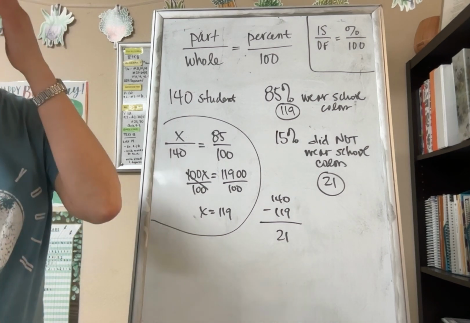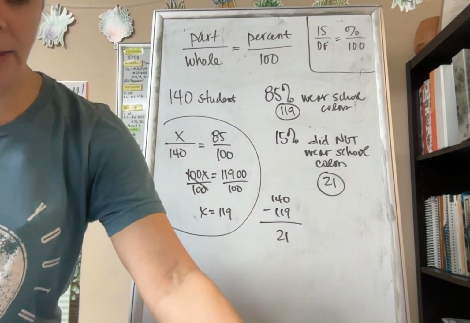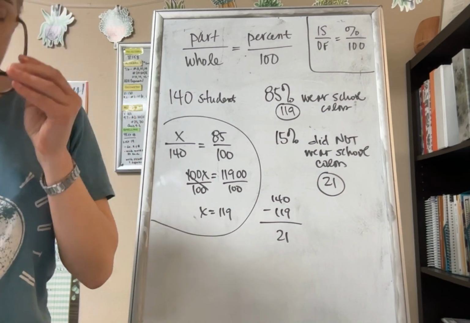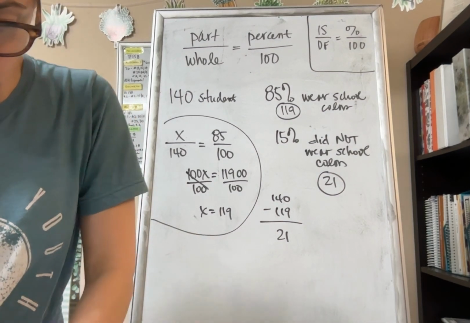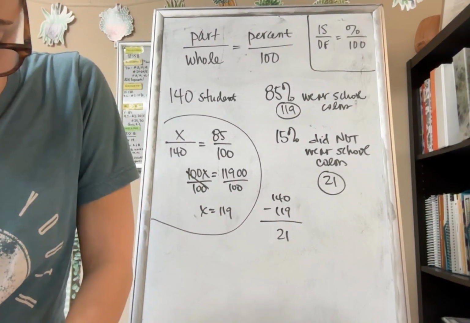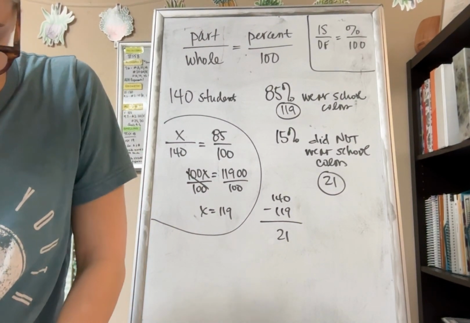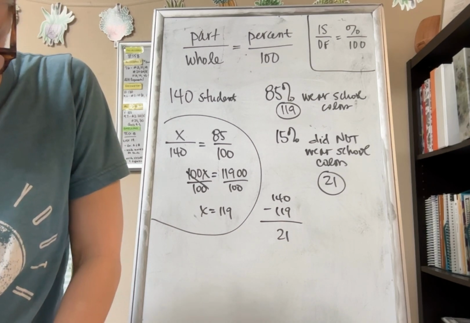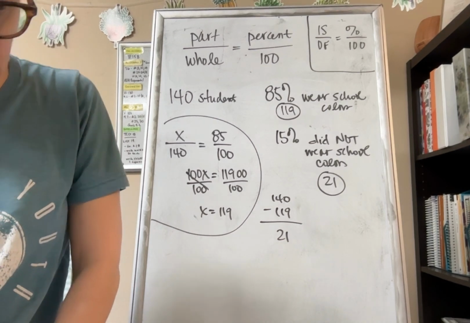So let's look at what your assignment might be like today. Let's see. Let's do one through 17 odd.